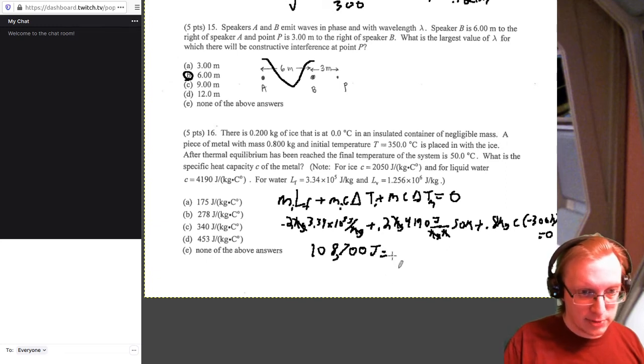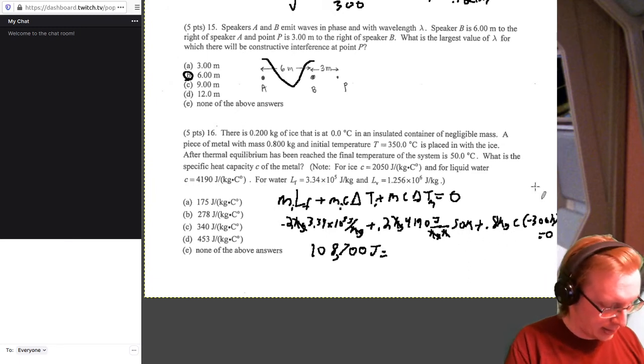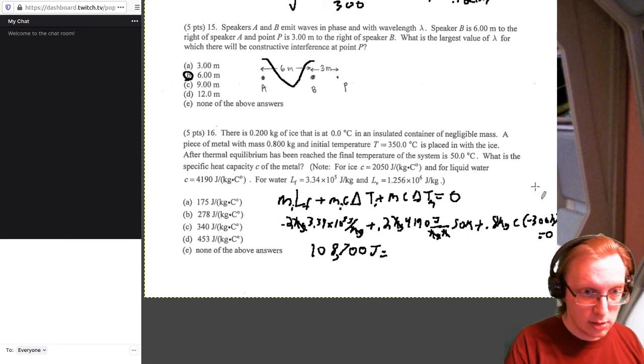And that has to be equal to, move this to the other side, 0.8 times 300, C to be determined, 240 kilograms Kelvin.